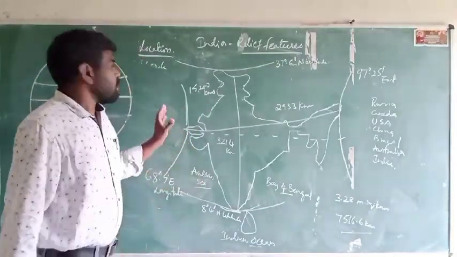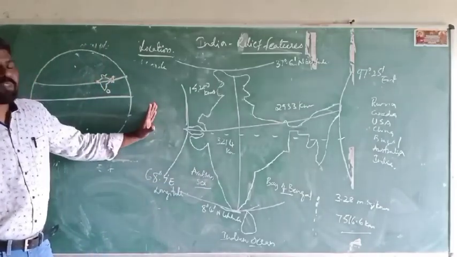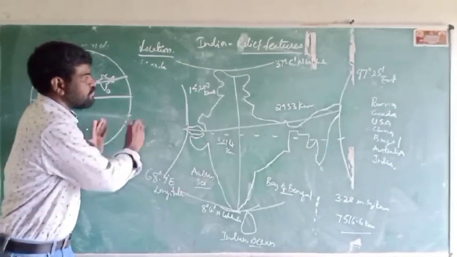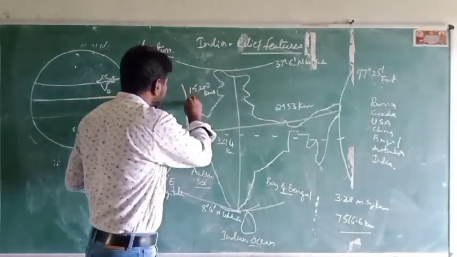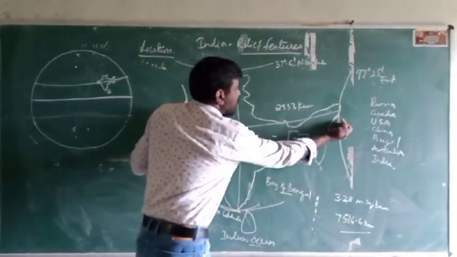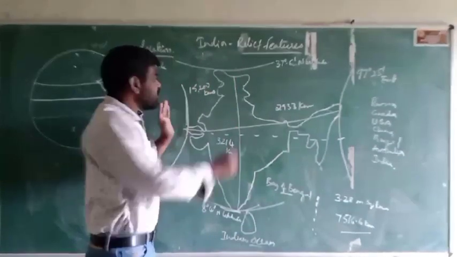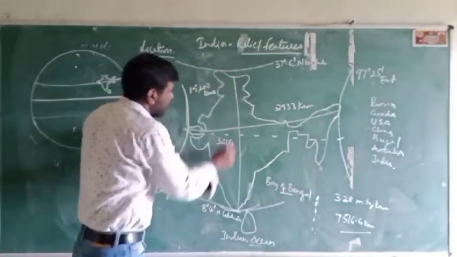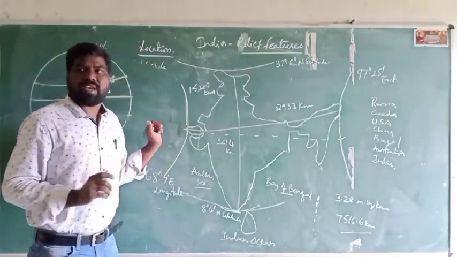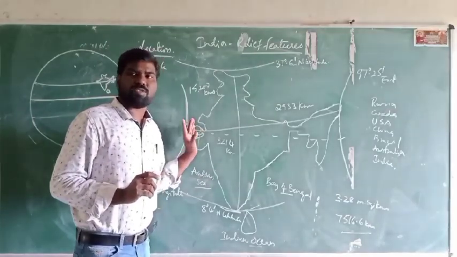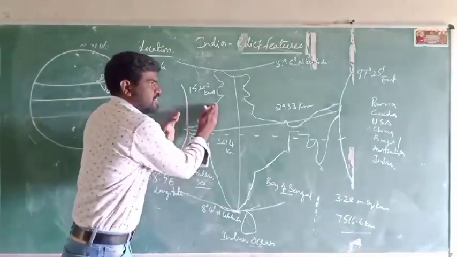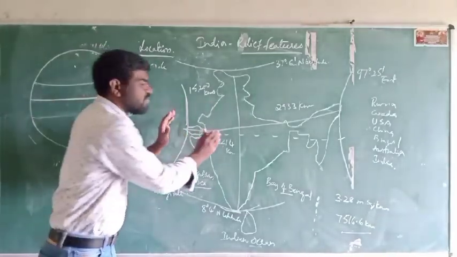Now, let us see. We already discussed that Earth rotates from west to east. The longitudinal extension of our country is 30 degrees. That means roughly 30 longitudes pass through our country. You might have learned in earlier classes, it takes 4 minutes to cover one longitude when the Earth rotates on its own, as it passes the sun.